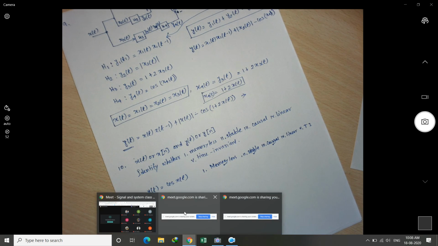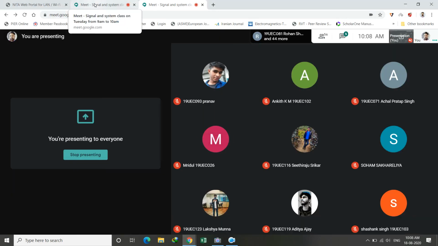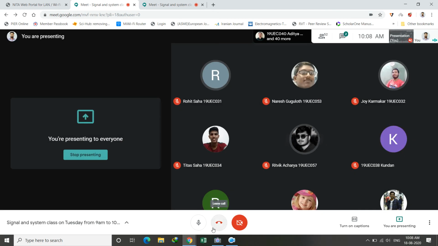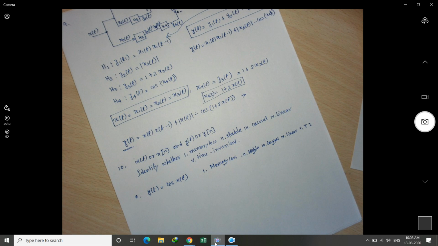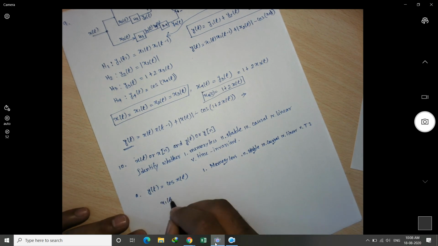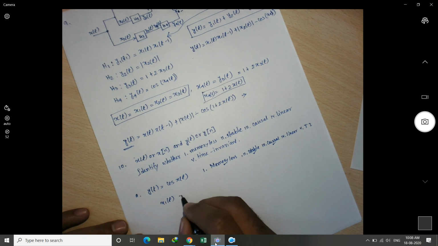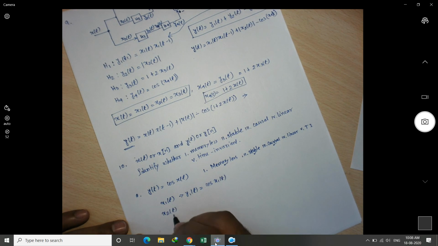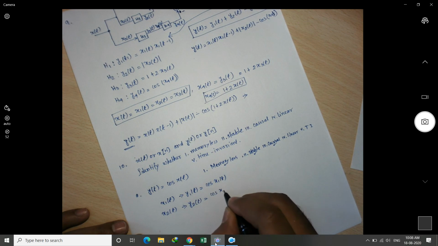Find out about the linearity. Linear. So first provide some input x1(t). Let us consider if we have been giving x1(t) for the linearity property, output will be there. So y1(t) is cos of x1(t), right? For x2(t), the output will be y2(t) equals cos of x2(t), right?